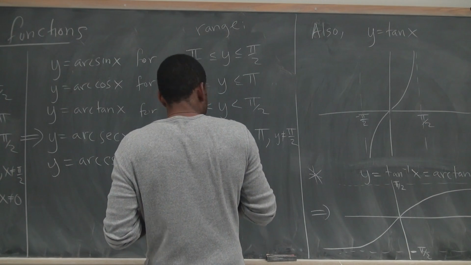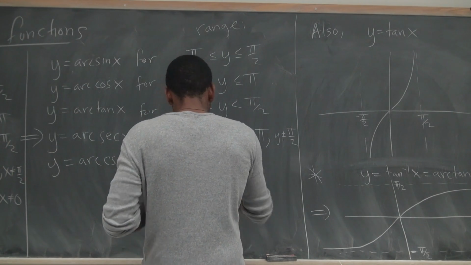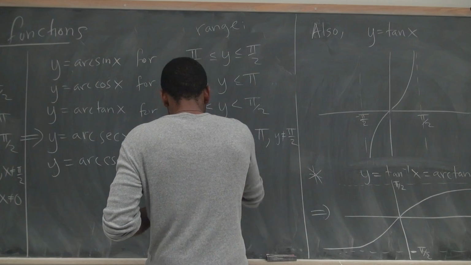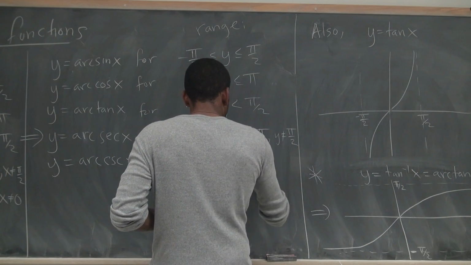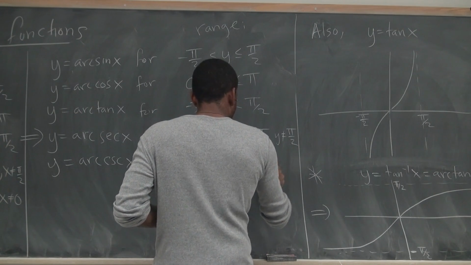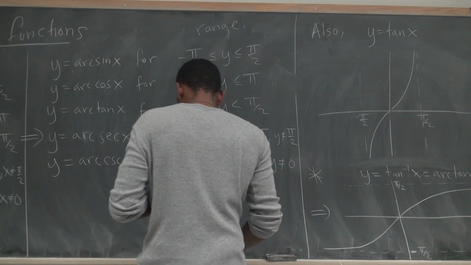Y equals arc cosecant for, so secant is 0 to pi, yes. Cosecant is minus pi over 2 to pi over 2. Y not equal to 0.